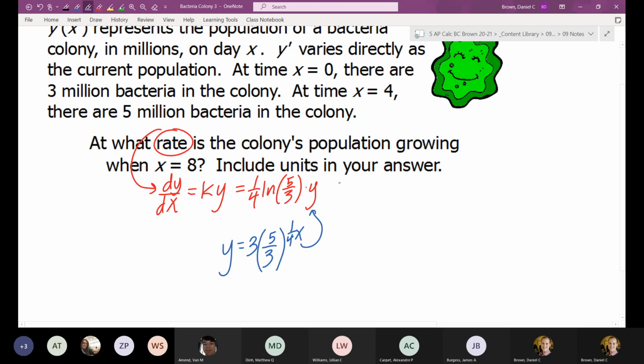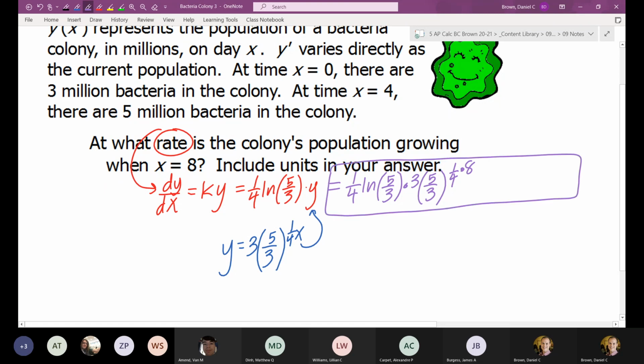So what is dy/dx? dy/dx is your k value, which we had to solve for, times what y is equal to, which we found. And we're trying to find the rate when x is equal to 8. I'm not going to bother simplifying that. This would be a calculator problem. You can type it in at some decimal. But this would be the rate we have. It does ask us to include units.